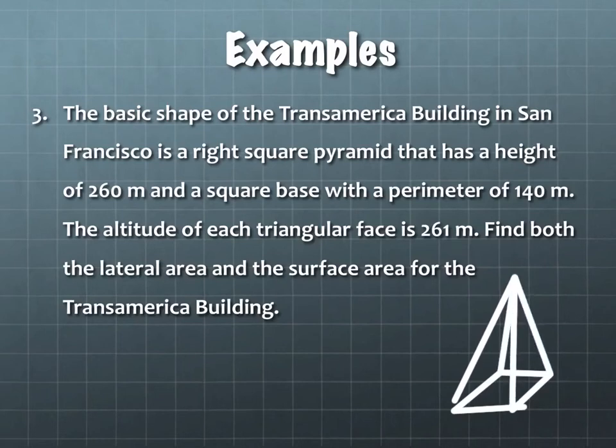Okay, and it tells me that the height of the actual pyramid, I'll do that one in yellow, right down to the middle here, is 260. But it tells me that the altitude of the sides, which is another way of describing the slant height, right here, this piece in orange, that piece is 261.